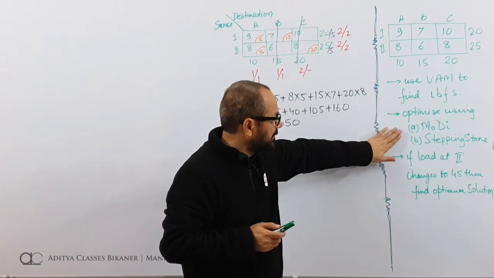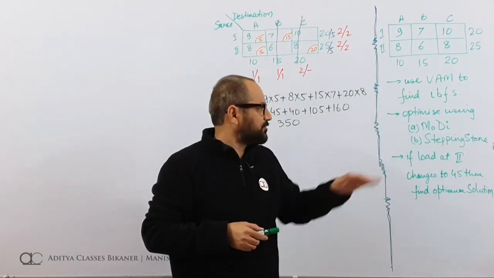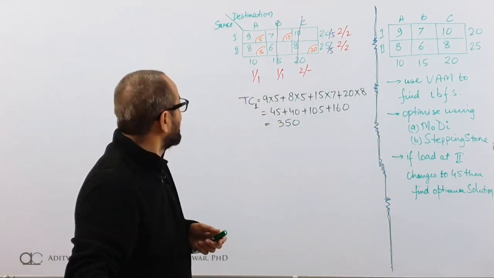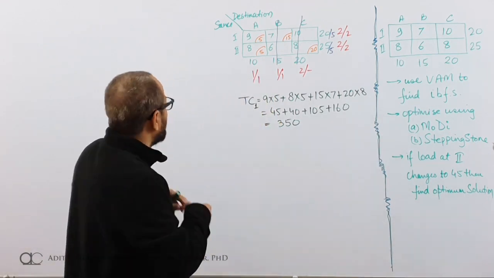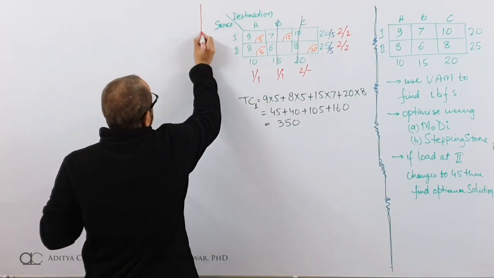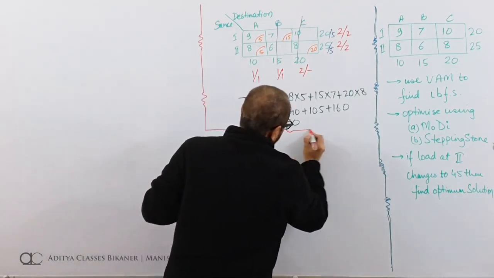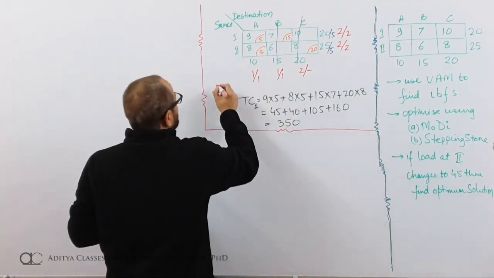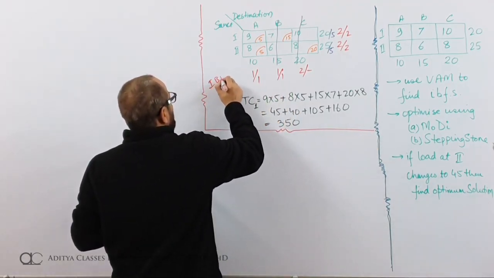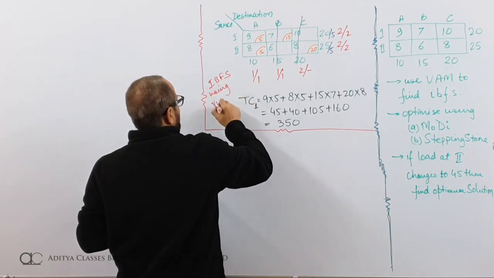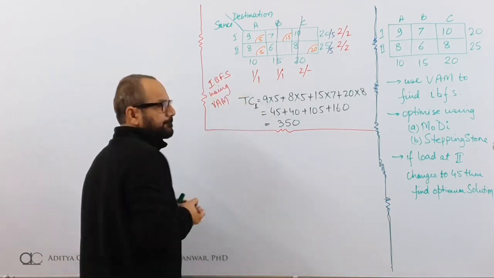Now let me check it using modified distribution and then we'll check using stepping stone. So what we'll do is we'll create a partition over here. This is my IBFS using VAM.